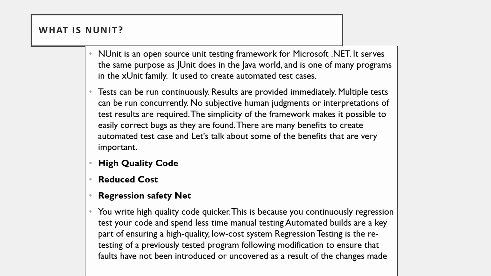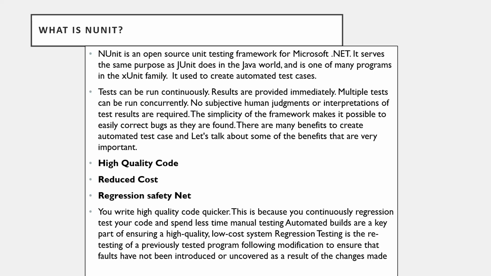NUnit is an open source unit testing framework for Microsoft .NET. It serves the same purpose as JUnit does in the Java world. As I said, Java uses JUnit. Similarly, for .NET, we prefer NUnit.